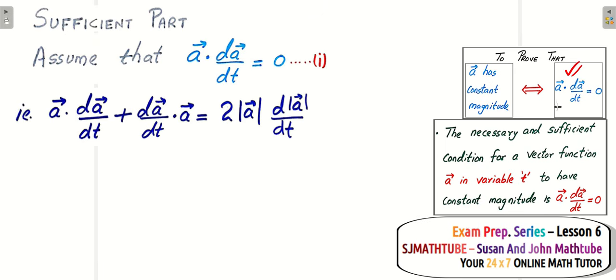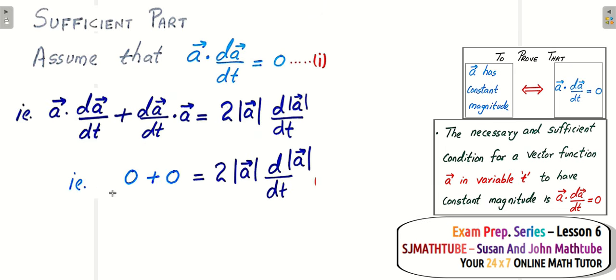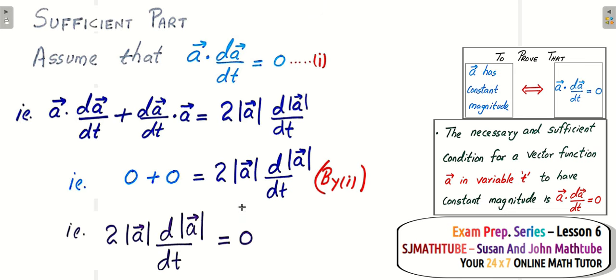Our assumption is A dot dA by dt equal to 0. Wow. So this side is going to disappear. This side is going to vanish. And that means now I'll write there is 2 mod A d by dt of mod A equal to 0. And I asked you a little bit earlier, what does it imply if someone tells you A into B equal to 0?